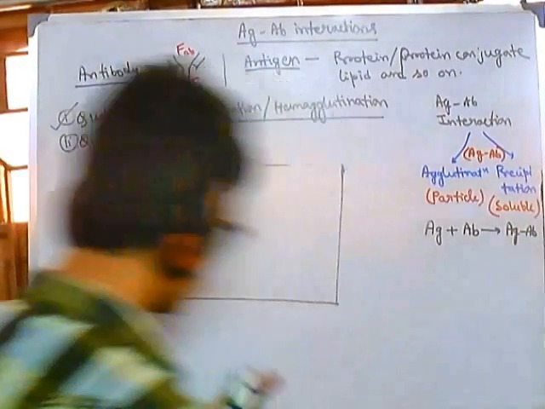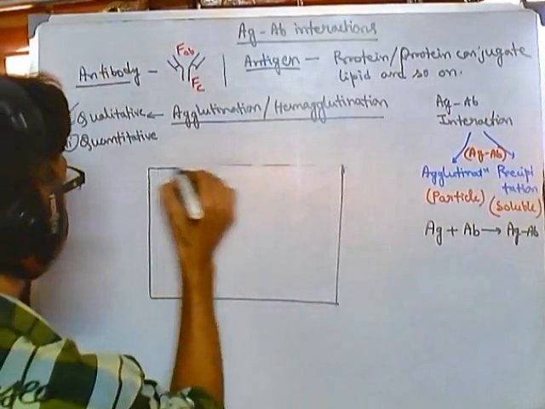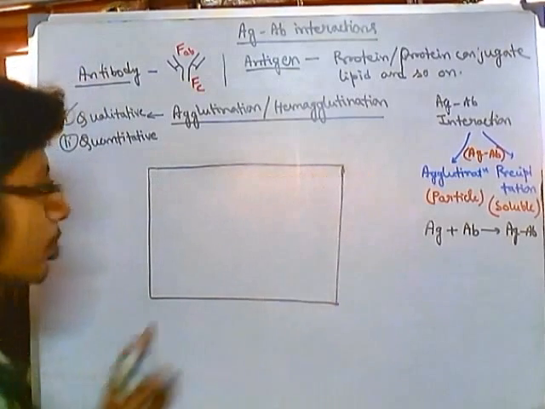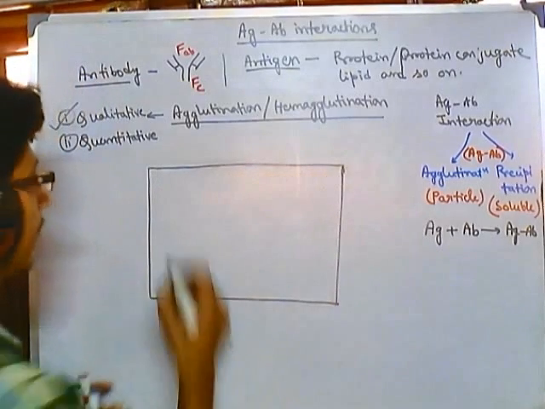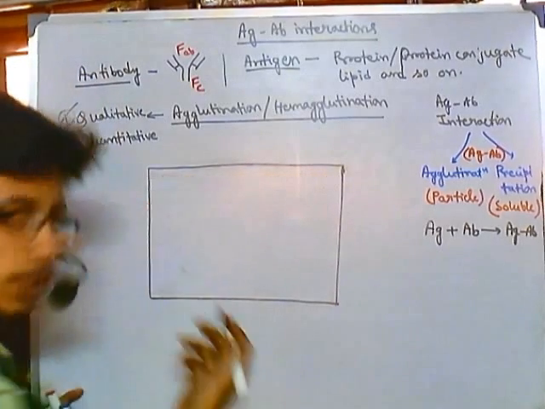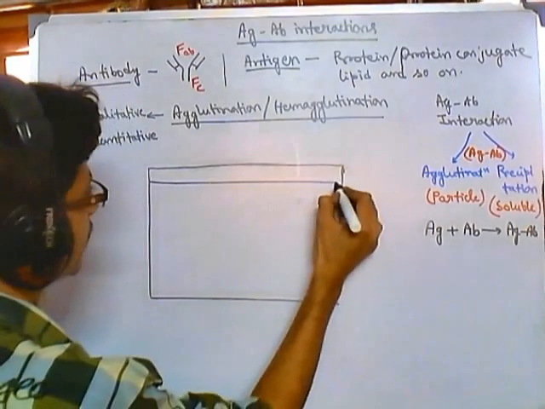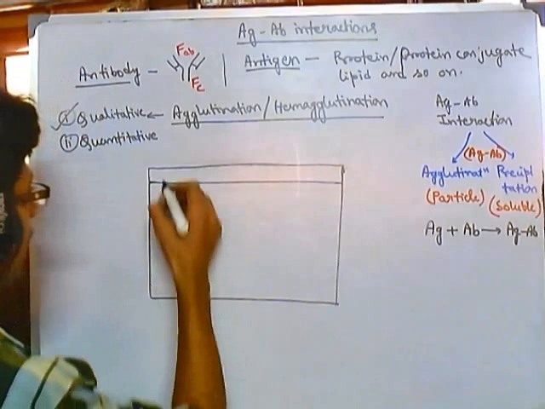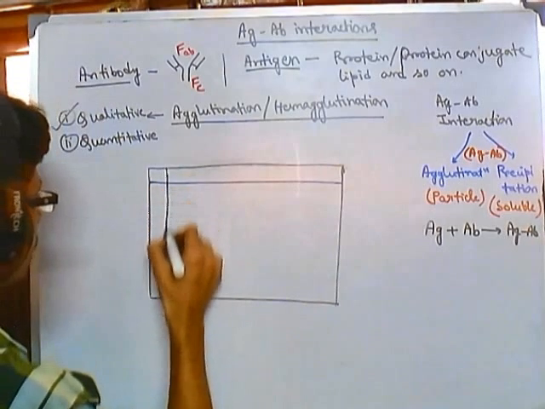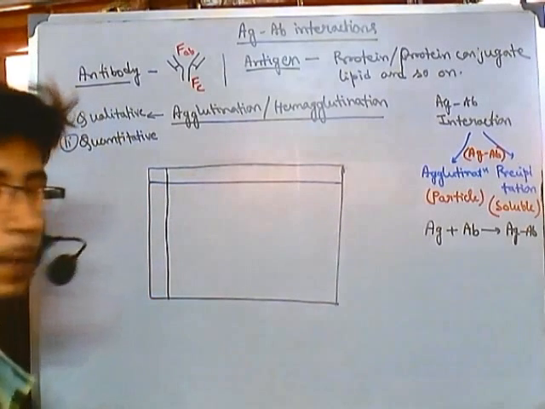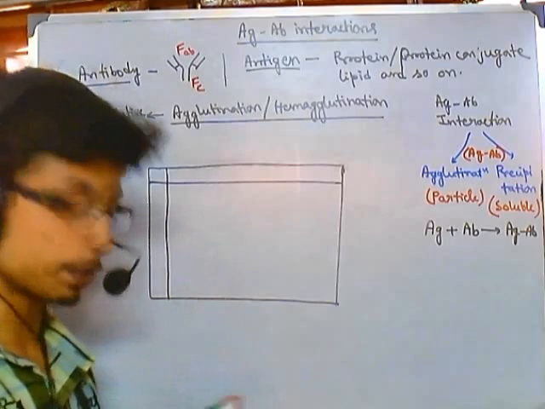It is called a microtiter plate. In this microtiter plate, we simply have different wells, many wells. Here let's write the concentrations, and here let's write the patient numbers. Suppose we're conducting an experiment with various patients.